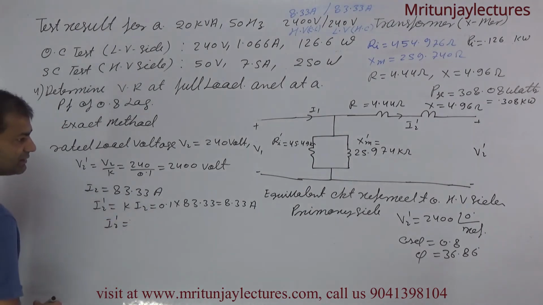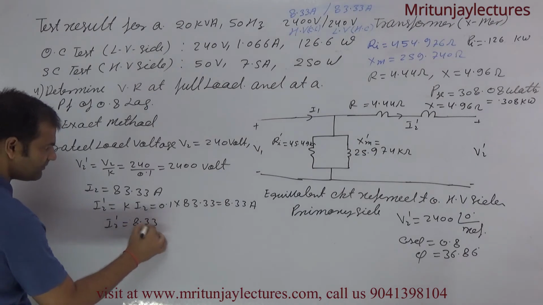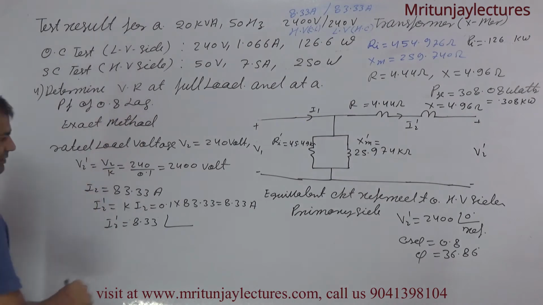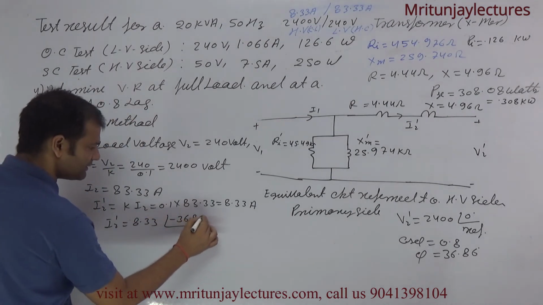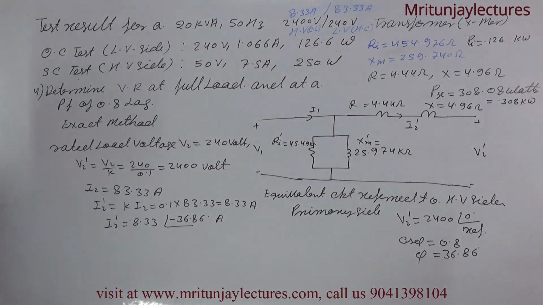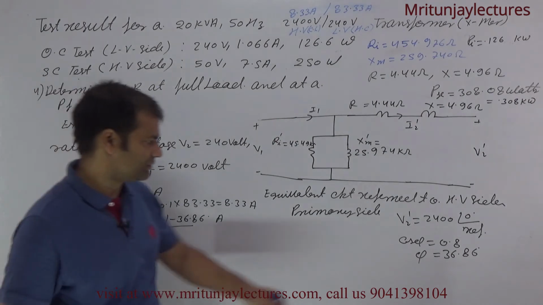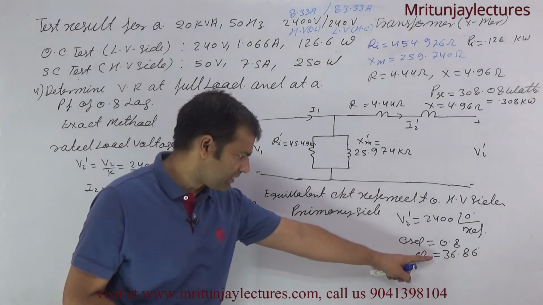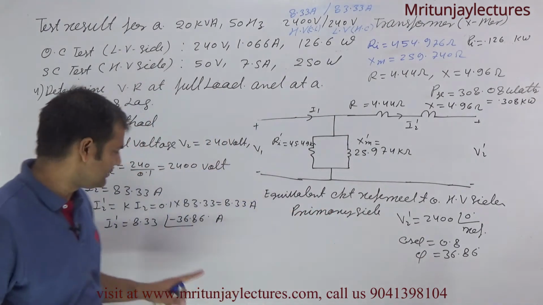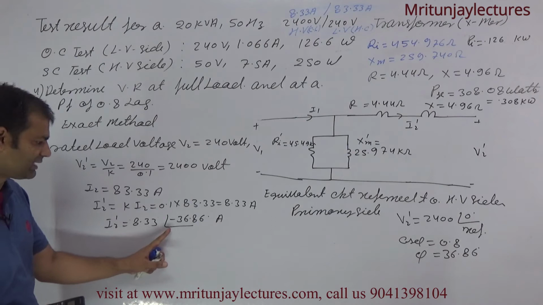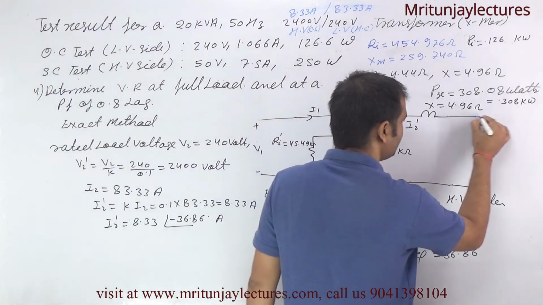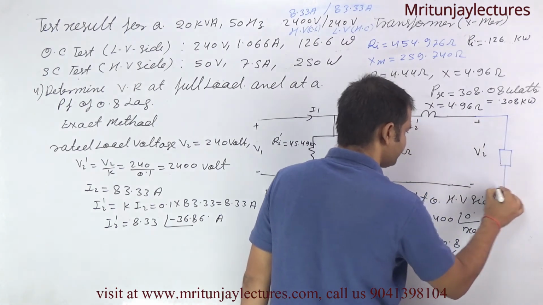I2 dash is written as 8.33 at the angle minus 36.86, because it is lagging. Any doubt corresponding to this one? It is clear?